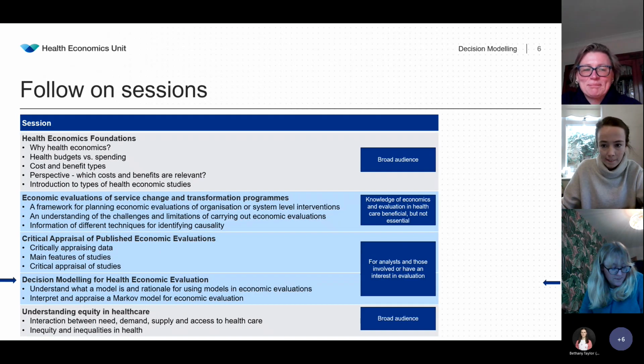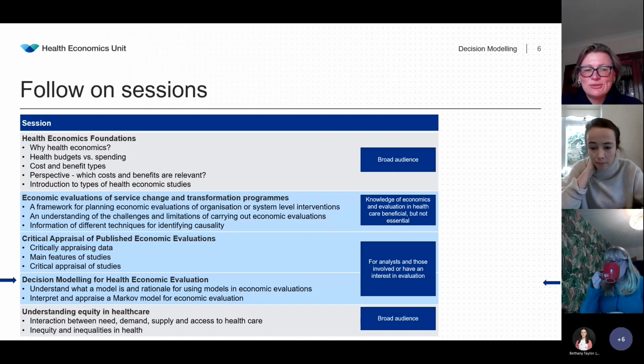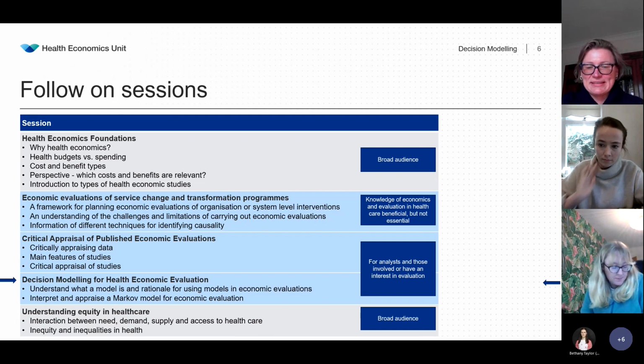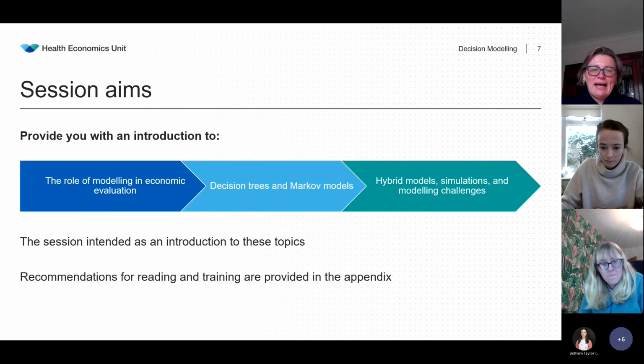So this is session 4. This just shows you where we are. There is one more session coming up on understanding equity in healthcare after this one. The aim of the session is to explain what role modelling plays in economic evaluations.